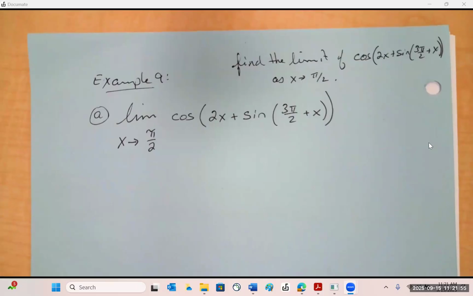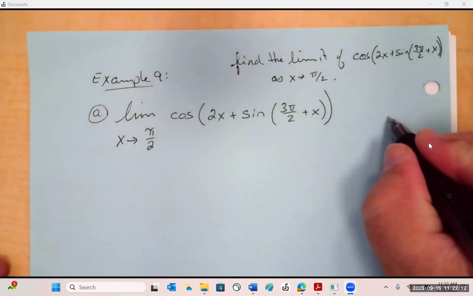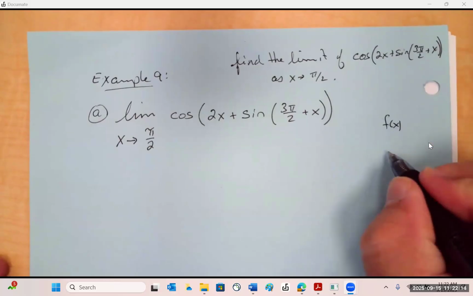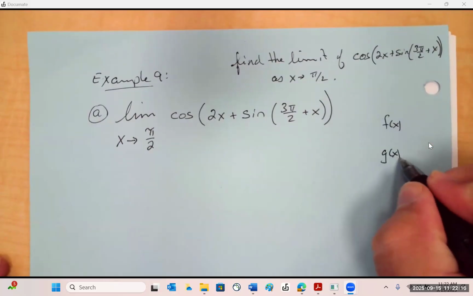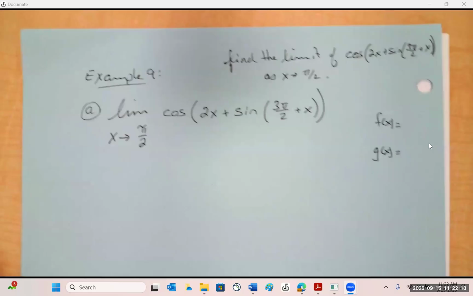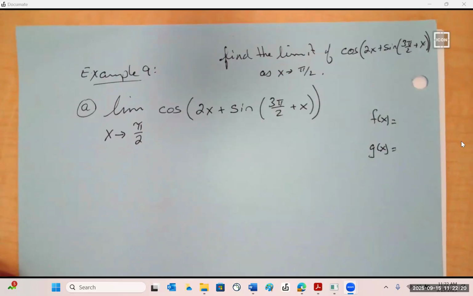Now, the first thing we have to do is apply Theorem 10. What does Theorem 10 tell us? Is this a composite function? If it is a composite function, what's f of x and what's g of x? F of x is cosine.